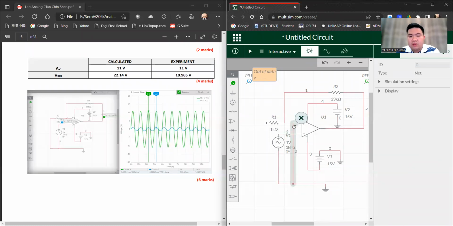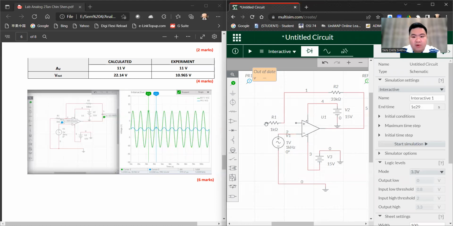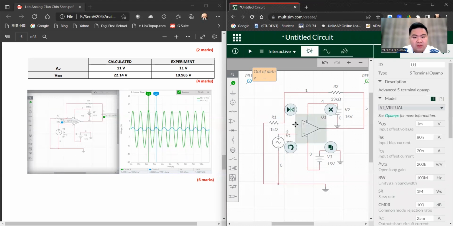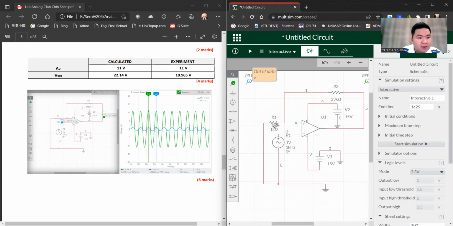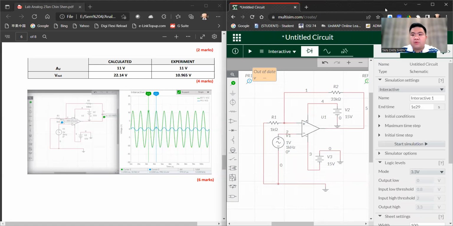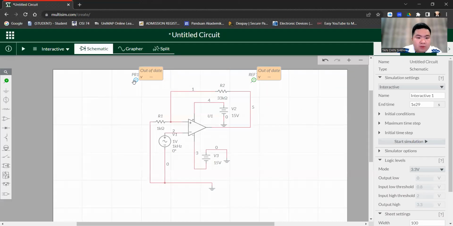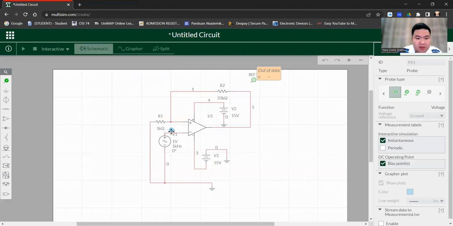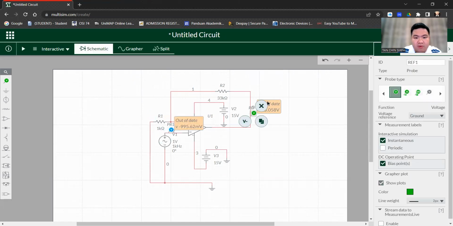Then this one for R1, same, connect to the ground. Then for this positive pin, we will connect it directly from here, the system. Yes, correct. Now we can measure our V in and our V out.